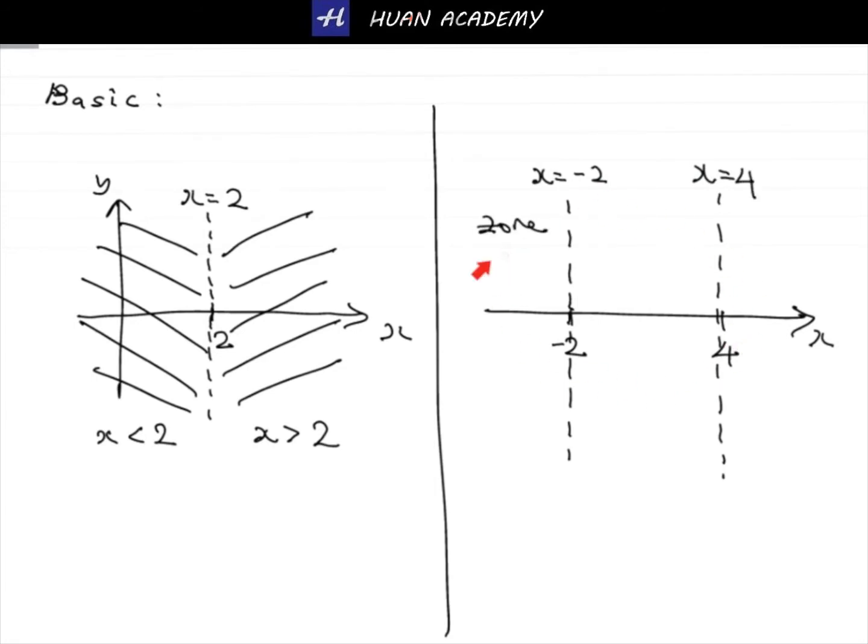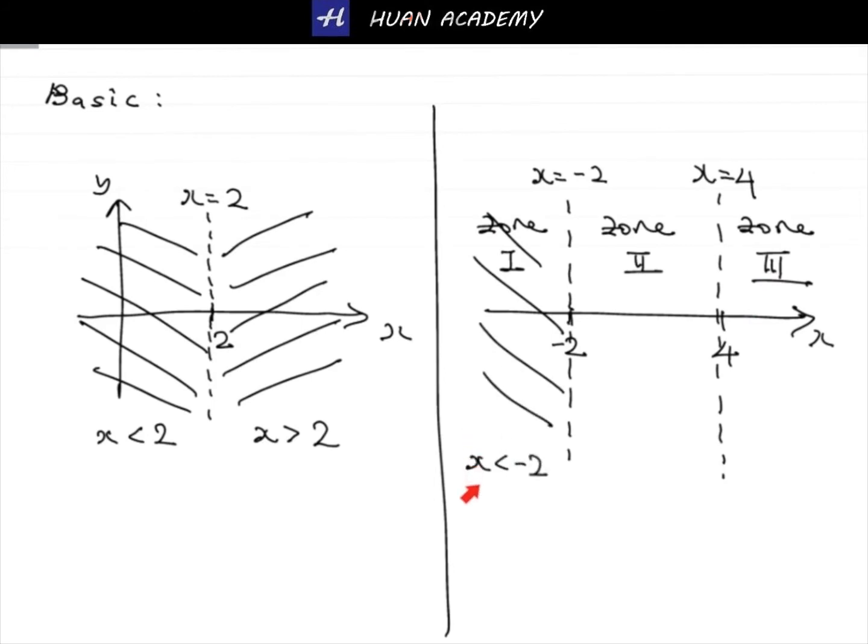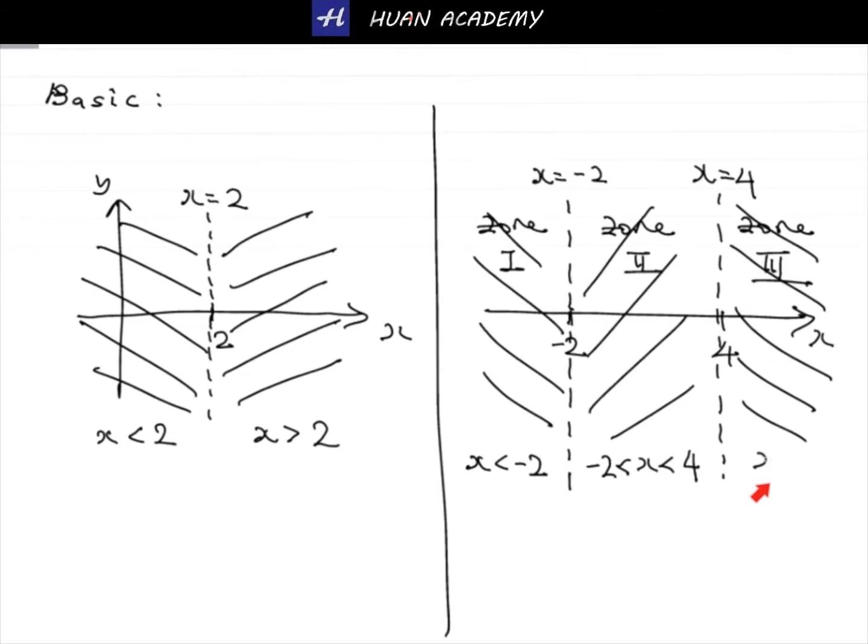The first zone is at the left side of negative 2, called zone 1, the second zone is squeezed between negative 2 and 4, and the third zone is the one greater than 4. So zone 1 is labeled as x smaller than negative 2, zone 2 is labeled as x between negative 2 and 4, and zone 3 is labeled as x greater than 4.